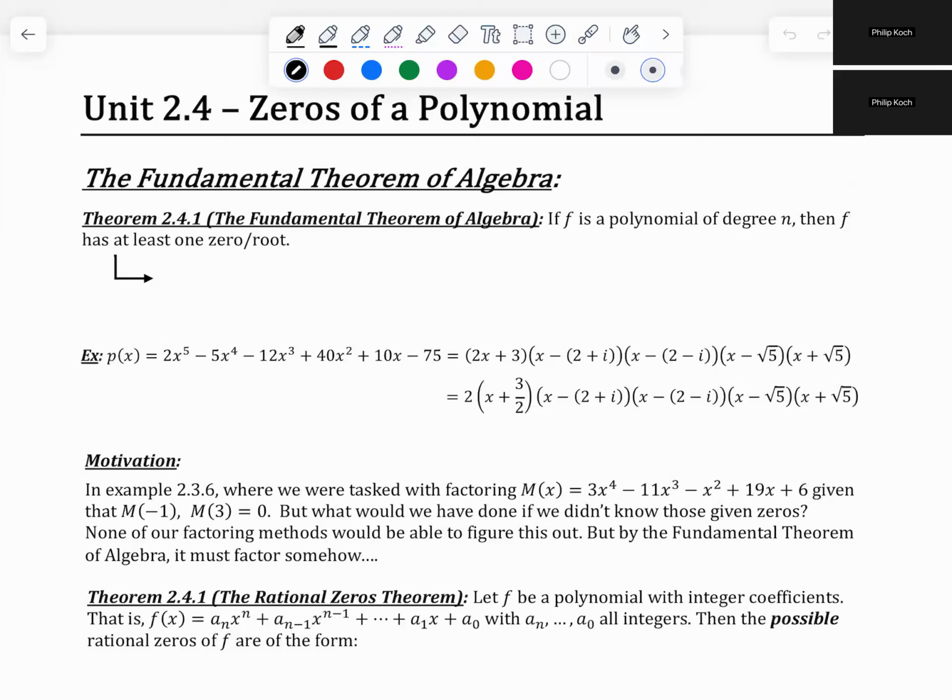But the more important implication as a consequence, the far more useful fact, is that all polynomials can be factored into linear terms.